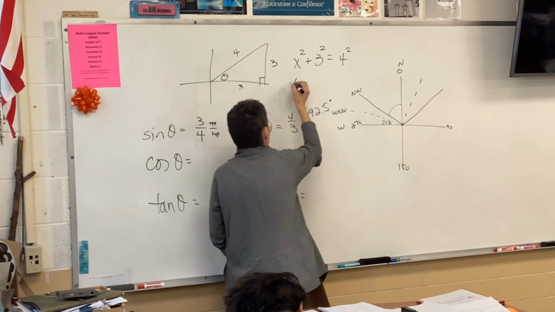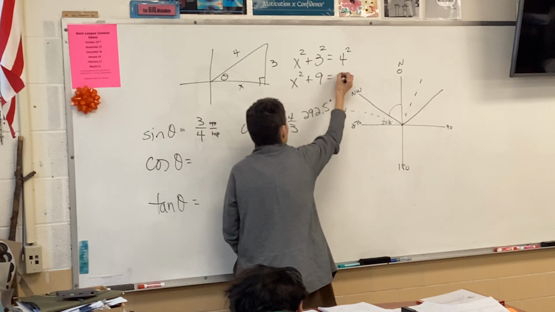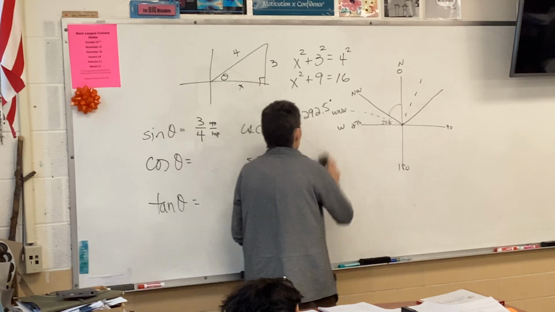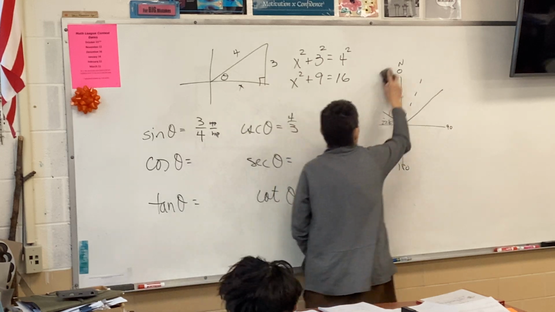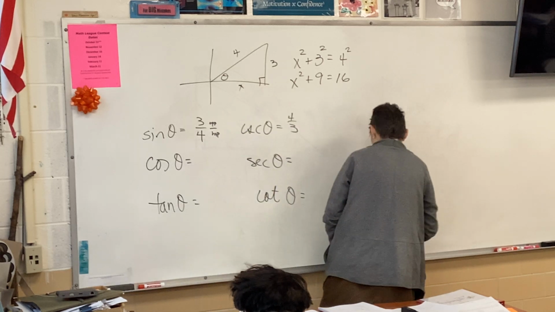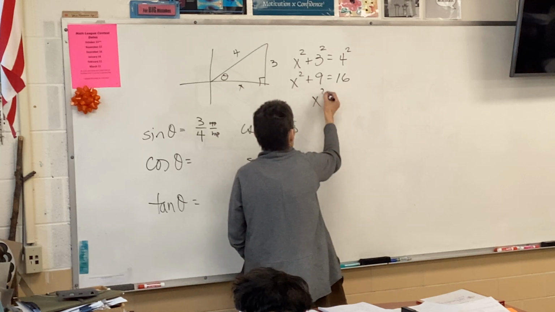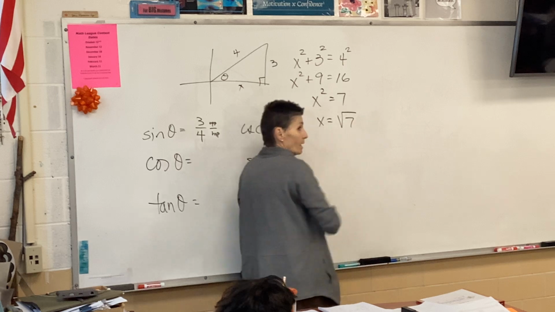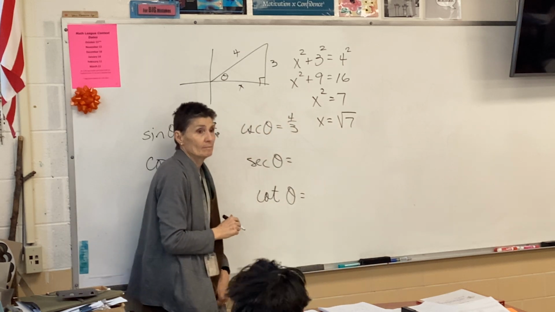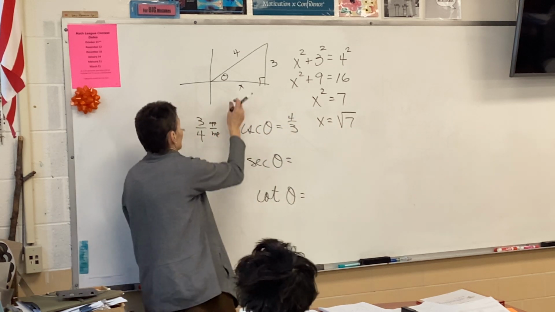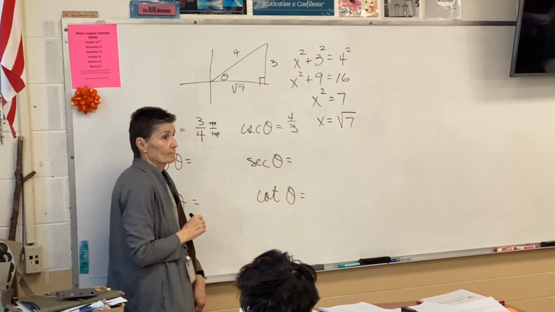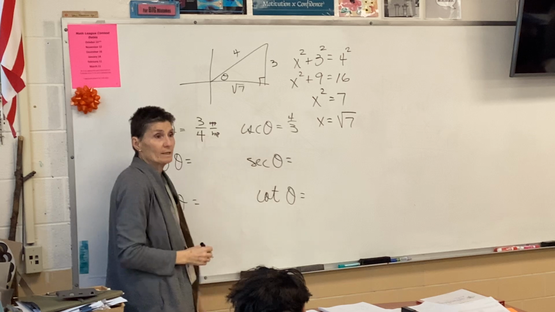So x squared plus 9 equals 16. x squared equals 7, so x equals the square root of 7. And now I'm ready to go.